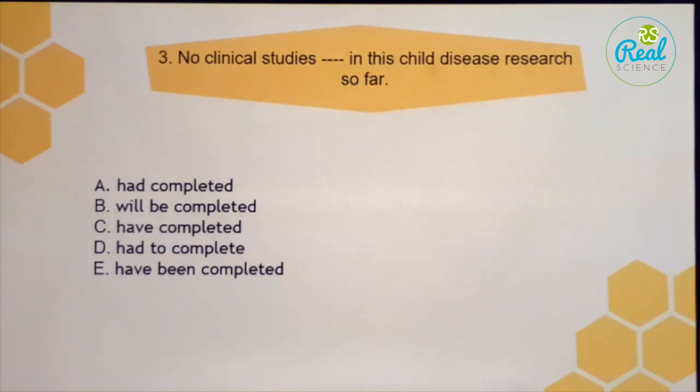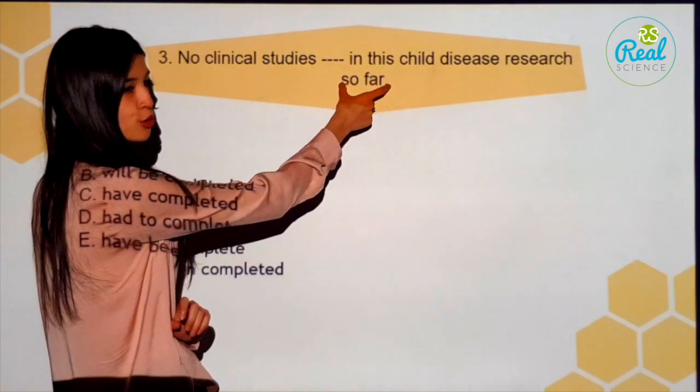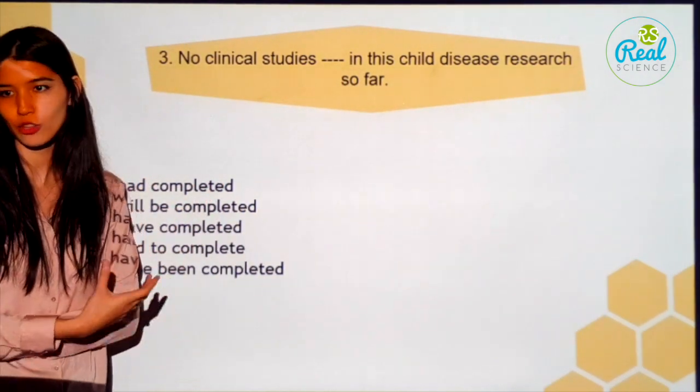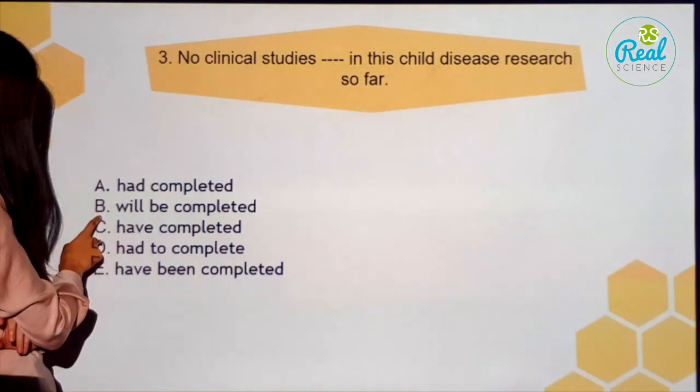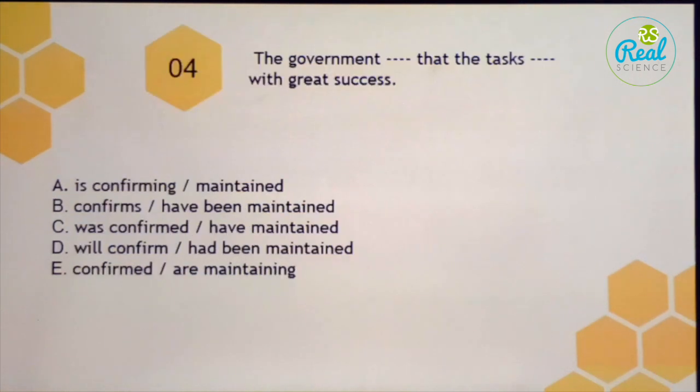Yes, perfect, Mina. If you put B, the sentence will lose its meaning, it becomes nonsense, because it's saying "will". Right? So it is E. Got it. Because, as Jasmina said, it's using present perfect. "So far" is its signal word. Next one, the government that the tasks with a great success.